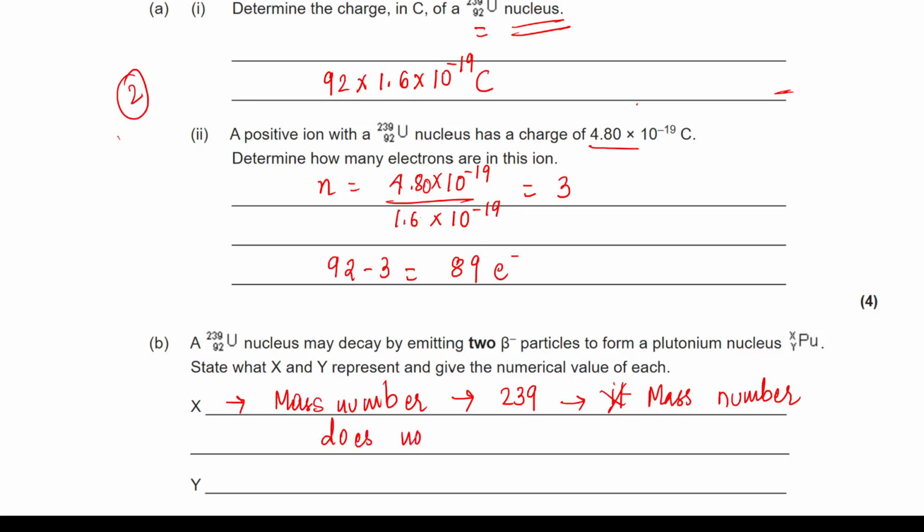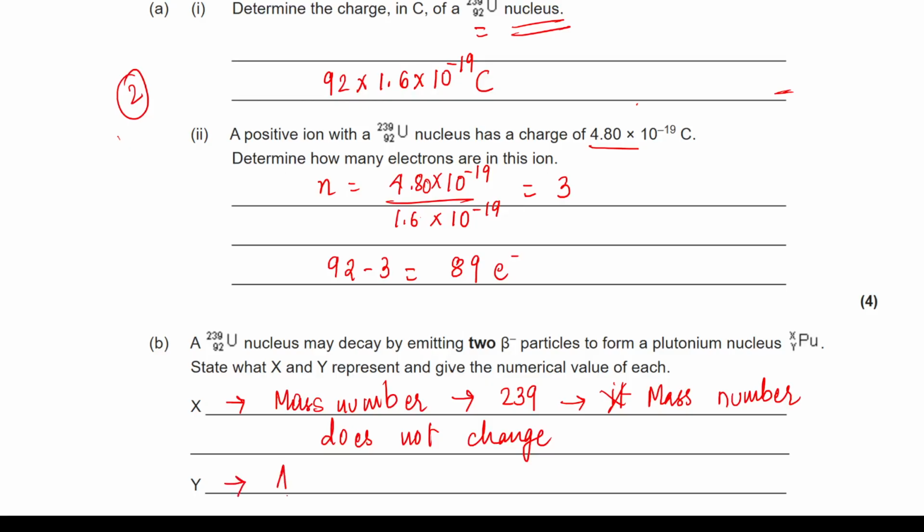And Y is atomic number. In beta minus decay, Y increases by 1. Because there are 2 beta minus, it increases by 2.